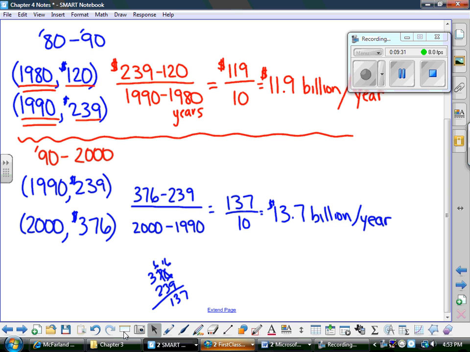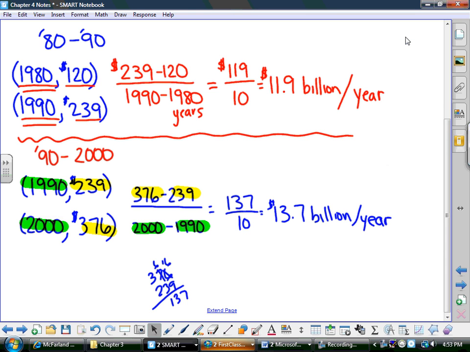Then you find the slope by doing y minus y over x minus x. Once you actually subtract the numbers, you get 137 over 10, which is 13.7. So the slope is 13.7, which represents $13.7 billion per year.